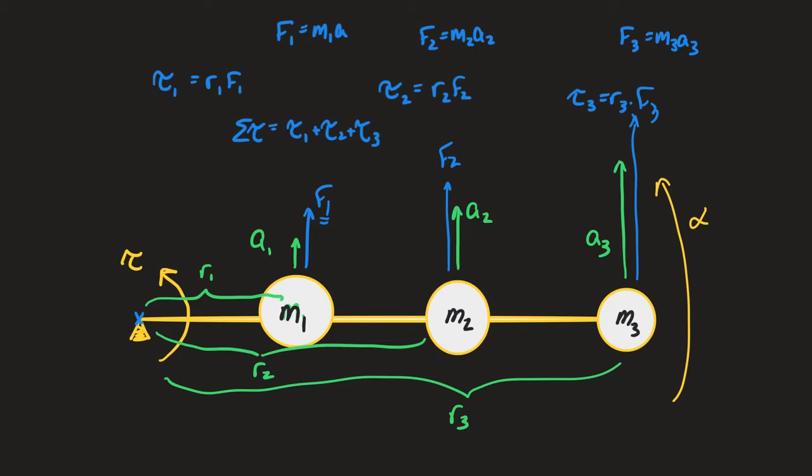I'm going to go to another page because I've kind of filled this up. Is that all right? Look, Newton's second law and the definition of torque. The net torque on the system, you guys can't read red, sorry, is going to be torque 1, which is R1 times F1, plus torque 2, which is R2 times F2, plus torque 3, which is R3 times F3.